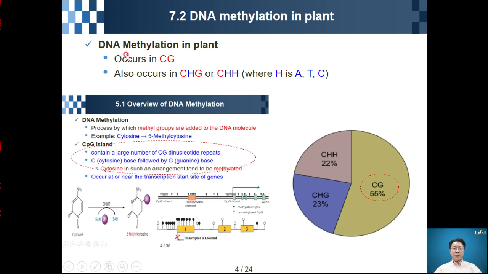DNA methylation in plants also occurs in CHG.